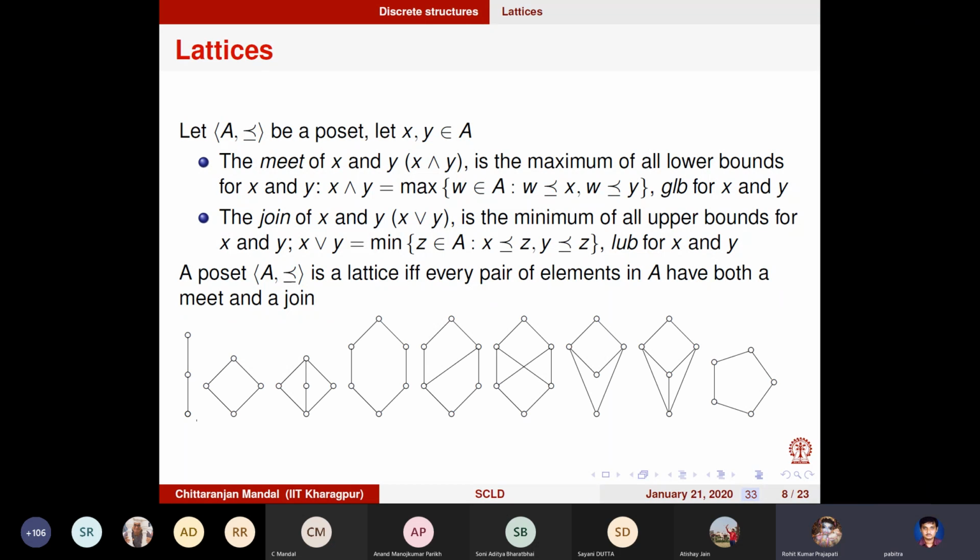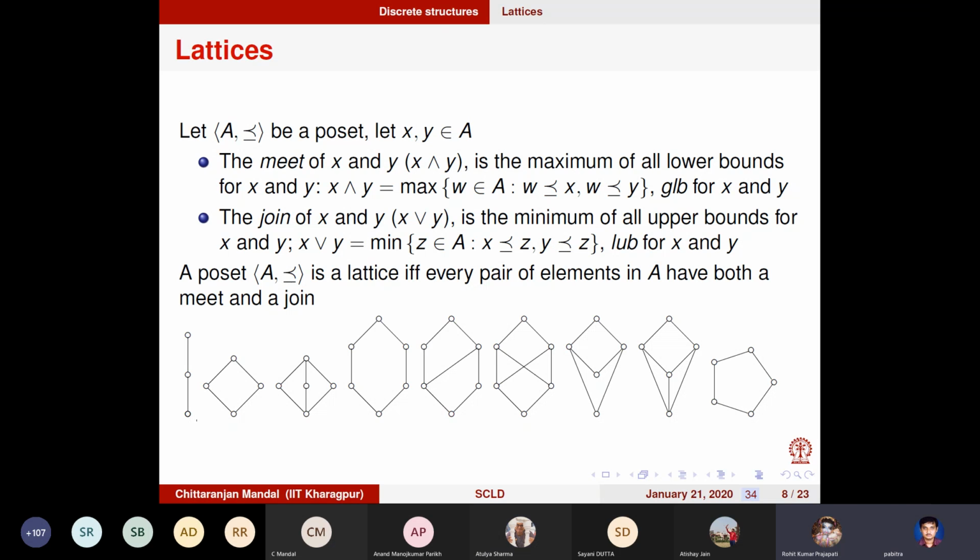Sir, you did not say that for every pair of x and y there should be a meet and a join. They can or they cannot have? If they exist, then that poset would be called a lattice. There are also cases where they do not exist.